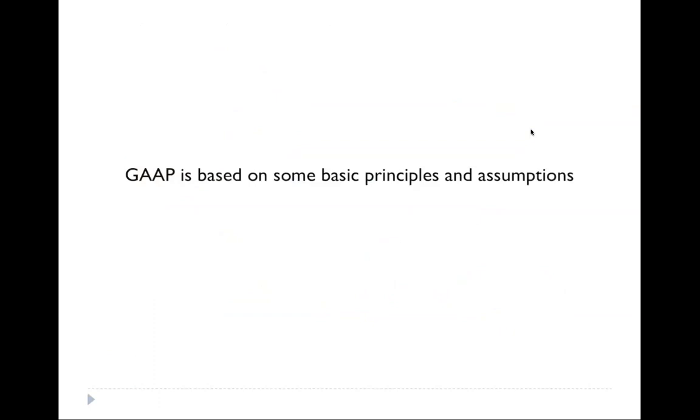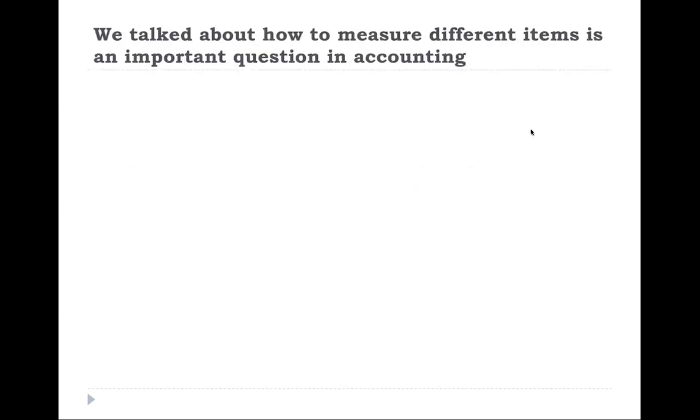So we have talked about US GAAP, which is basically the set of accounting standards that all of the US publicly listed firms need to follow. And US GAAP is based on some basic principles and assumptions. For example, we have talked about how to measure different items. It is a very important topic in accounting, and there's more than one way to measure the same item.